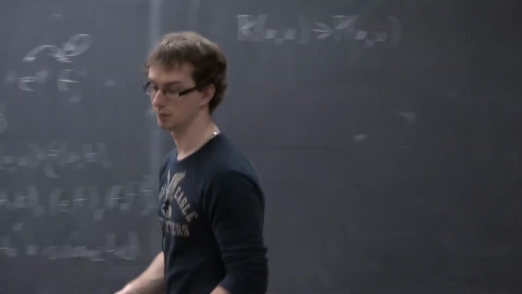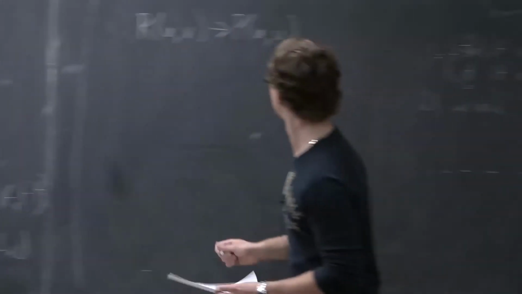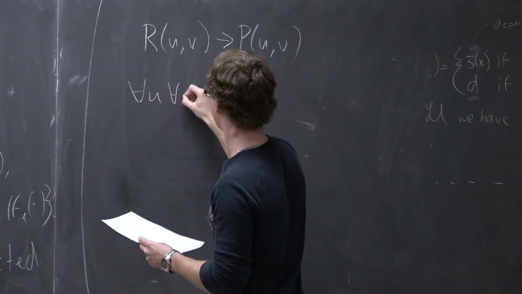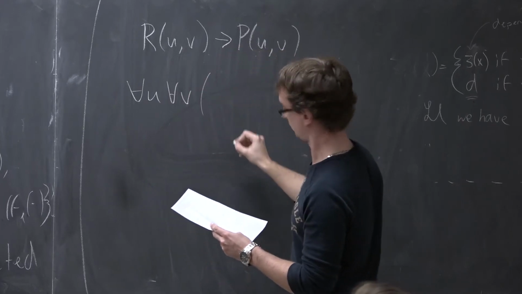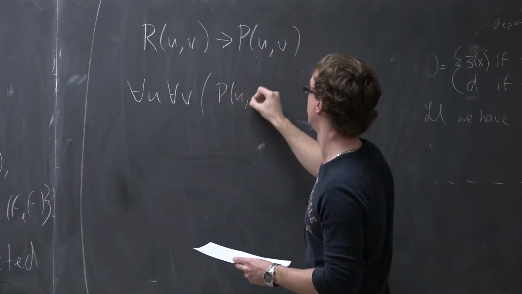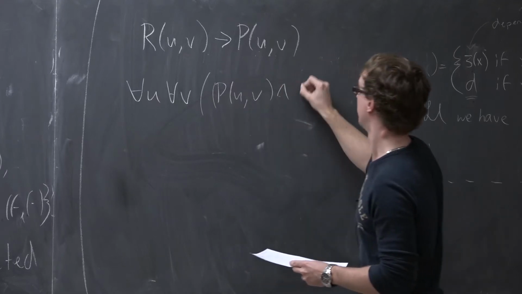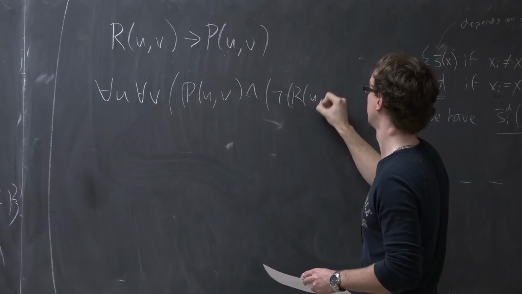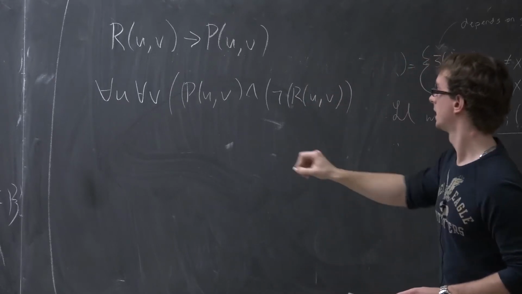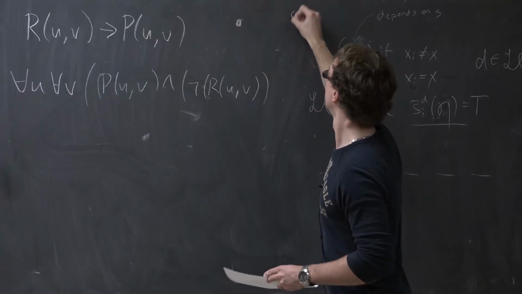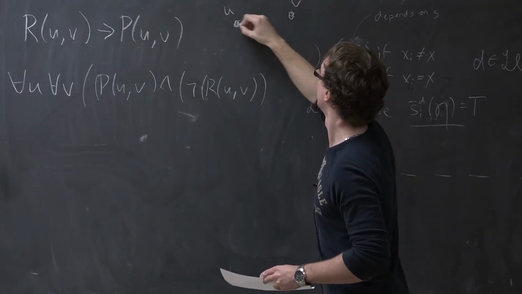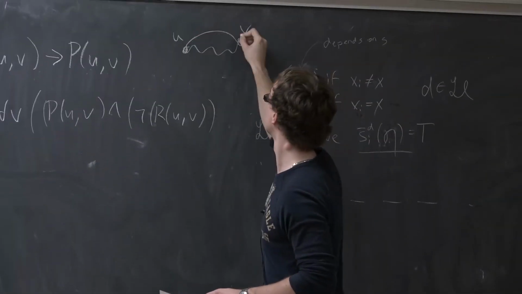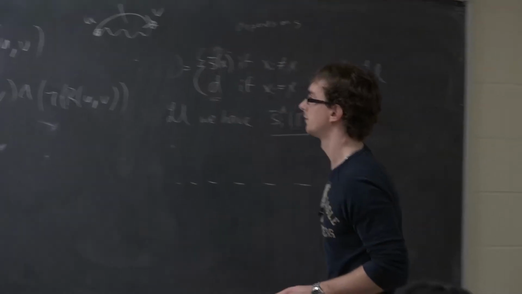We can do less trivial things like for all U, for all V, if we have a path from U to V, but we don't have an edge from U to V. So this isn't the case where we have U and V connected by some path, but not by an edge.